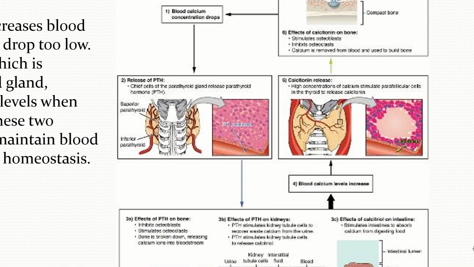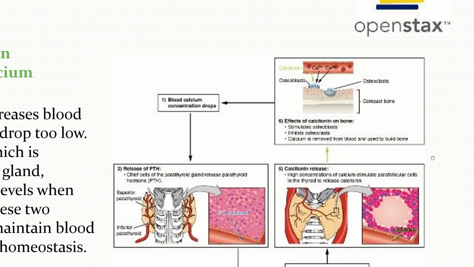If the calcium levels increase above homeostasis, as in step 5, high concentrations of calcium stimulate parafollicular cells in the thyroid to release calcitonin. The effect of calcitonin on the bone is to stimulate the osteoblasts so that they will bring the calcium from the blood into the bone.